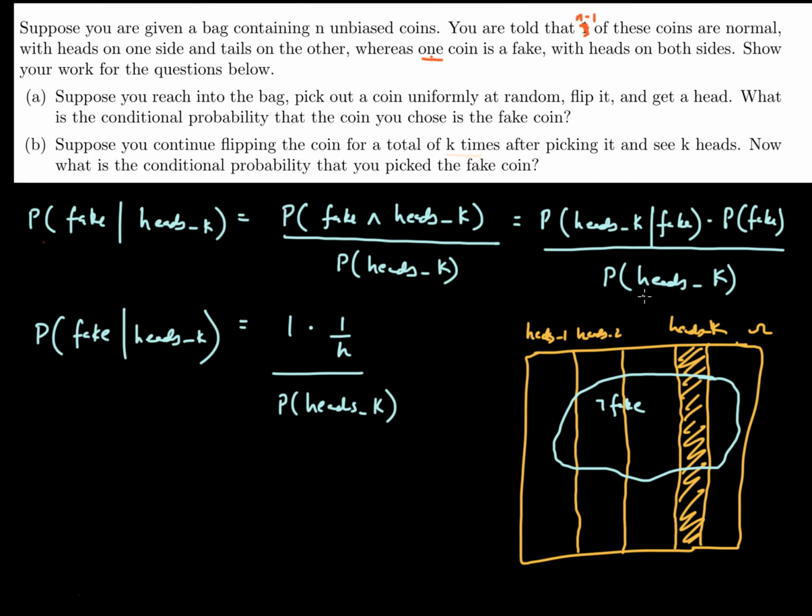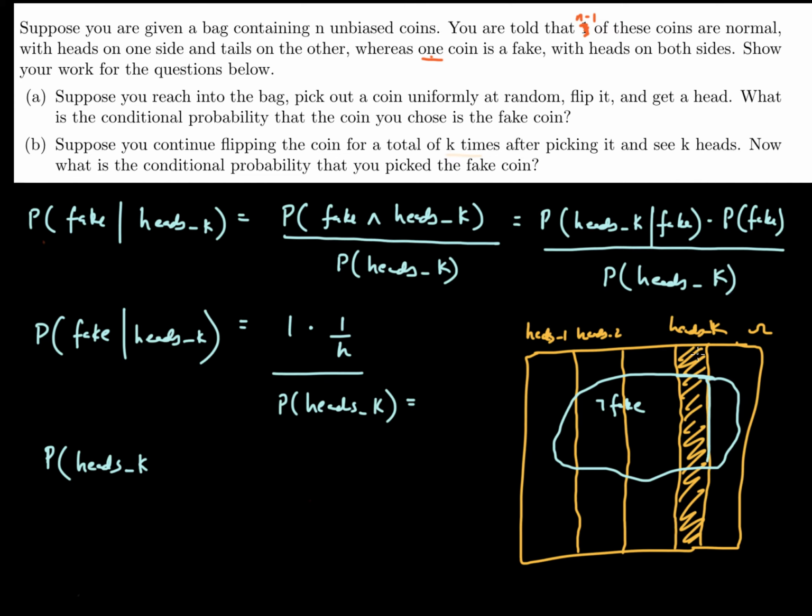So what's the probability of you actually seeing heads occurring k times? Well, the probability of heads occurring k times, which is this piece in yellow, is nothing but the probability of heads occurring k times and everything over here.